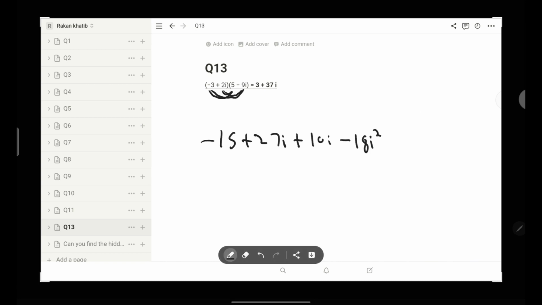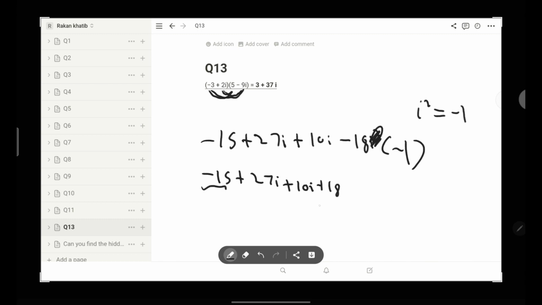Now, as we said, i squared is equal to -1 like always, so we just replace i squared with -1, and it's gonna come out like this: 10i plus 18, because -18 times -1, that's plus 18. So we just simplify now. Negative 15 plus 18, that's 3. And then 27i plus 10i, that's plus 37i. Now, that's your answer.